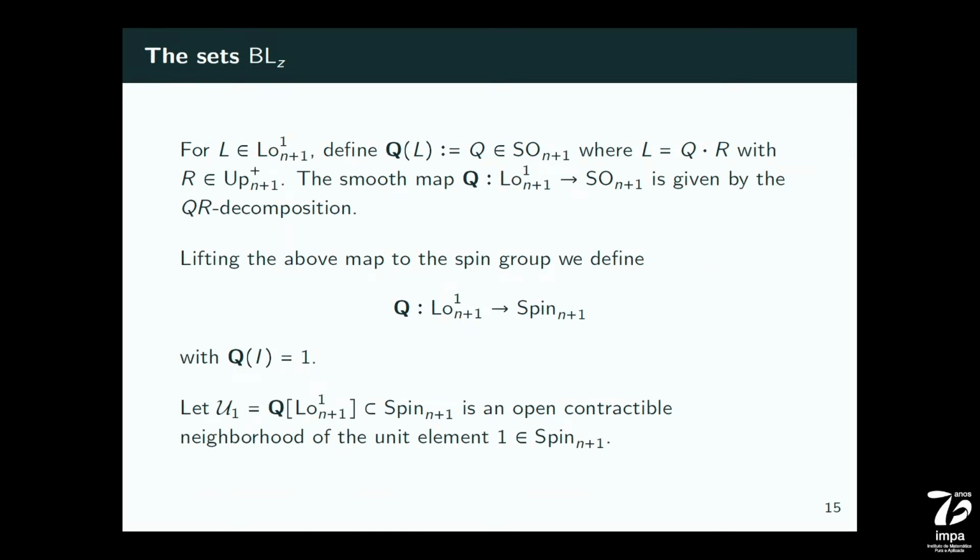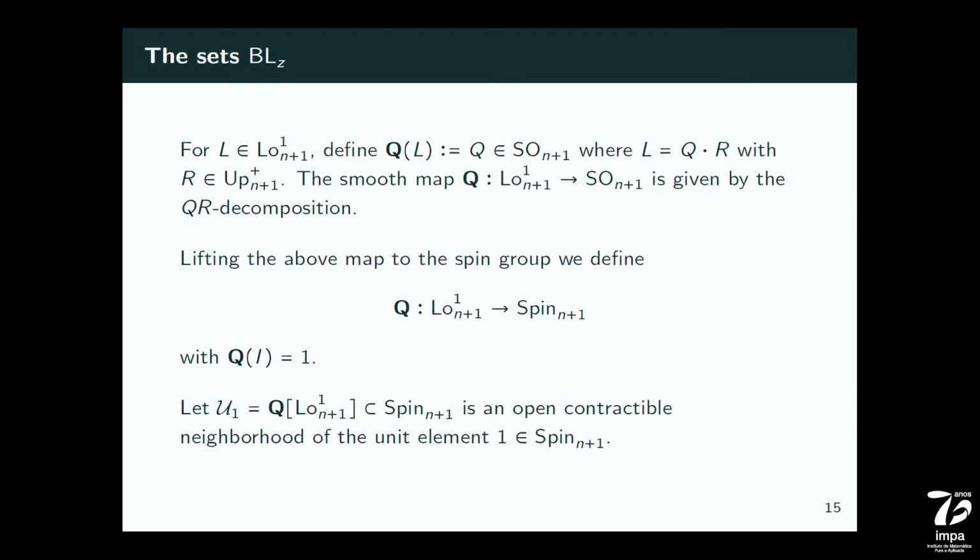But what we need to do is to have an idea of what these lifts of these Bruhat cells are in the lower group. So how can we do this? We need a bit more definition. So the idea is that, let me take L, a lower matrix. We define bullet Q of L, exactly like Q. What are we doing?